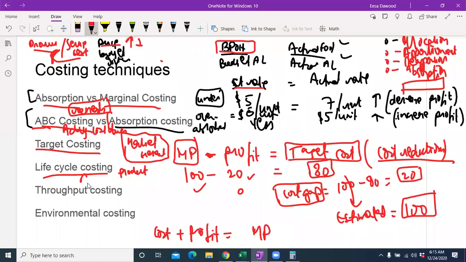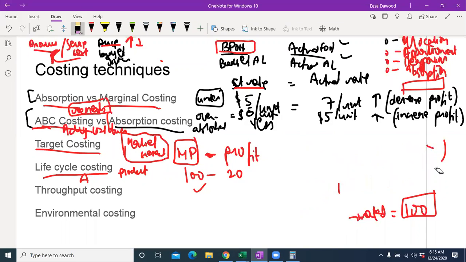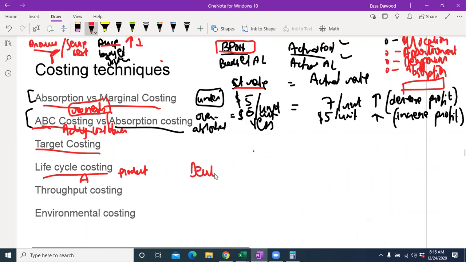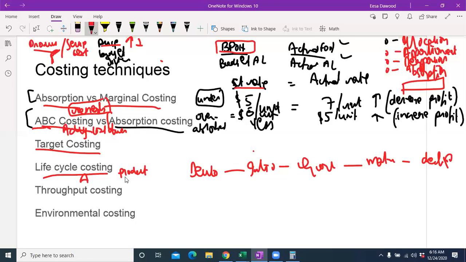Like a cost that was incurred in product A, I need to trace the entire cost that was incurred right from the start, from introduction of the product into the market, right from the development stage to introduction into the market to growth stage to maturity, and at last for a technological product the decline also comes there. So earlier, in either absorption or marginal costing, I told you about the product and the period cost. So we never traced the cost as per the product.